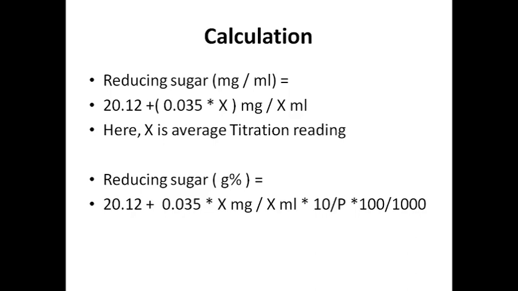Reducing sugar gram percent is equal to 20.12 plus 0.035 into X, milligram per X ml, into 10 upon P, into 100 upon 1000.